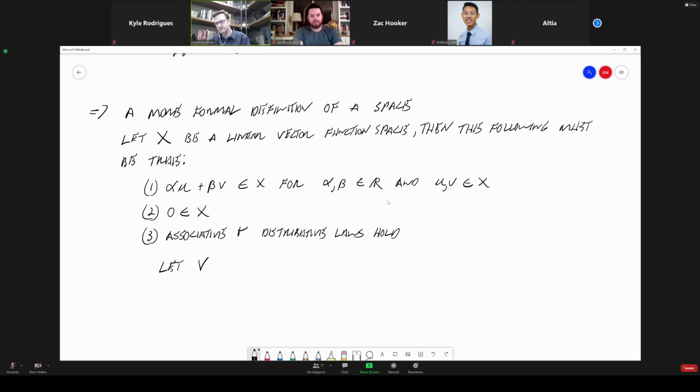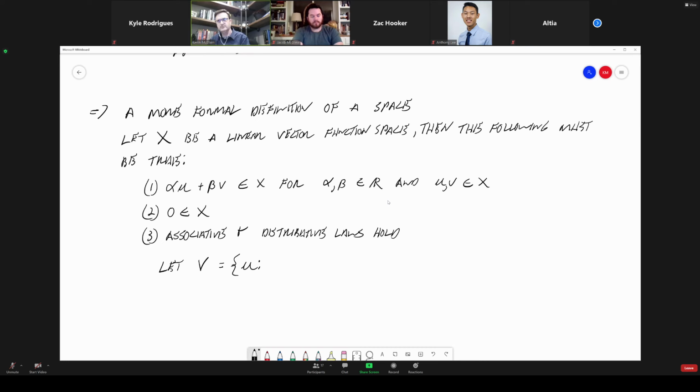Let V equal our displacement field, u contained in our Hilbert 1 space over our domain, with u(0) equal to 0, where omega is equal to 0 to 1.